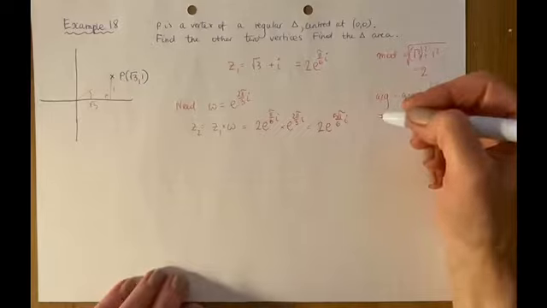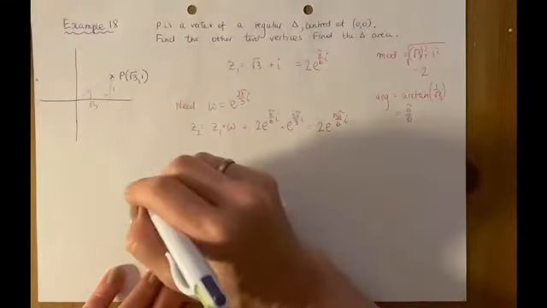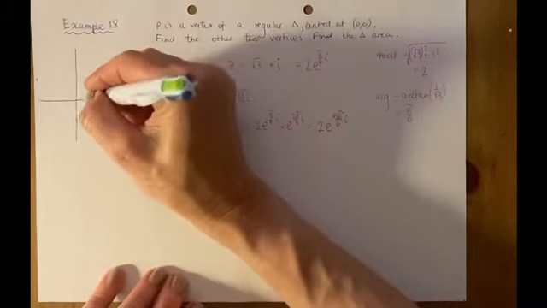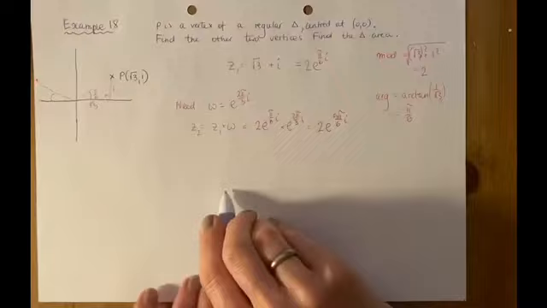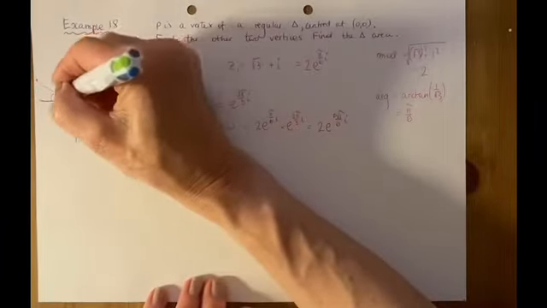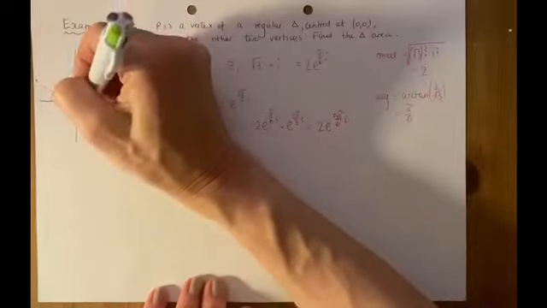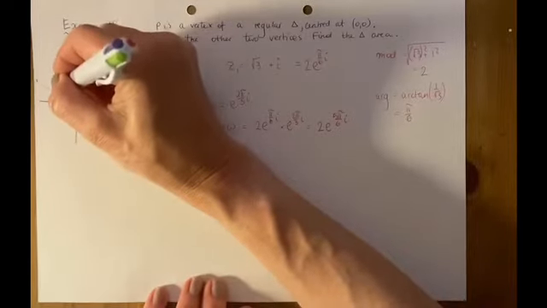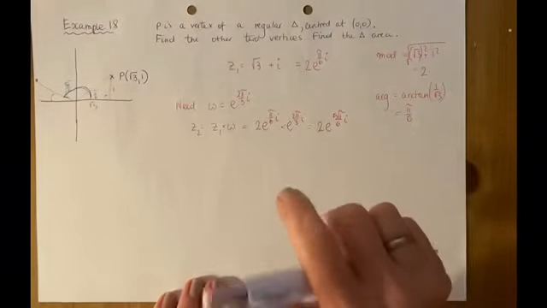So it's going to be somewhere here, because that was pi over 6, this is 5 pi over 6. So because that was all the way here, just do it in a different color. That's 5 pi over 6. So that's my second vertex.